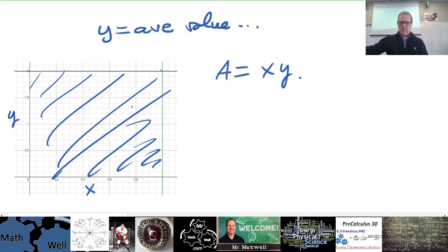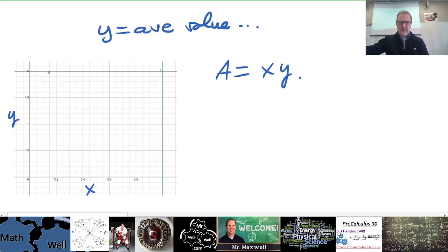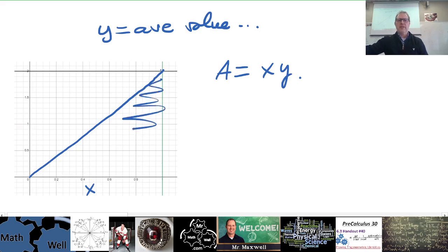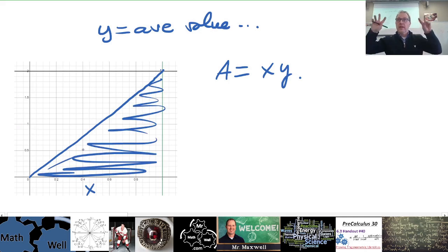Okay. Now, if I did something like this and drew this line right here, okay, so x and y still can refer to an area here, but this graph has a different area underneath it. This would be x times 1/2 y, wouldn't it? Because it's a triangle.